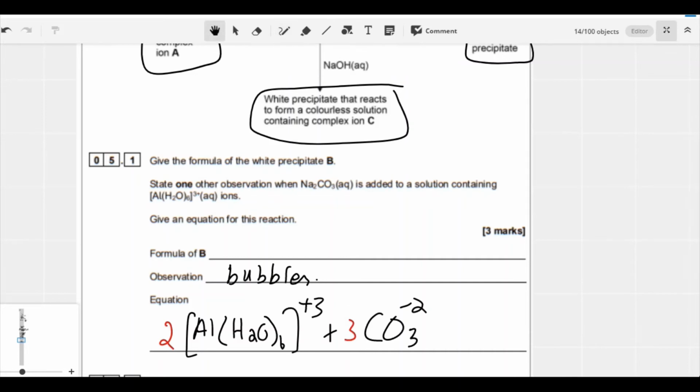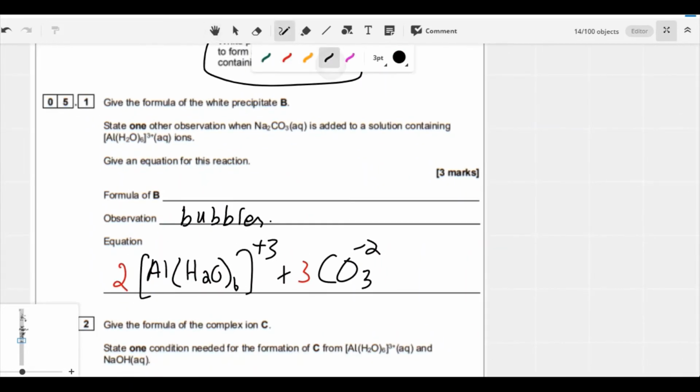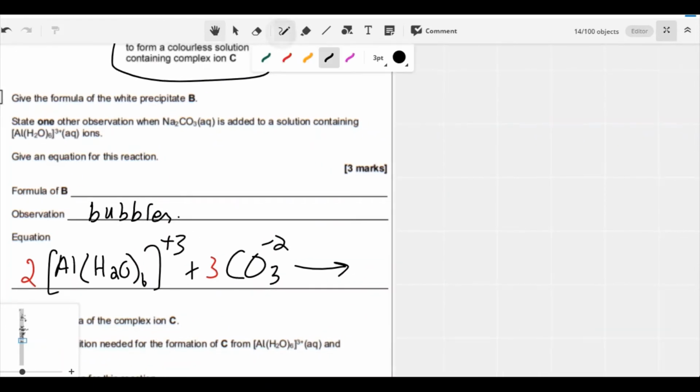Okay. So it will produce 1 carbon dioxide. Let's suppose here are the 3 positive 3, and here are the 6 water molecules present.